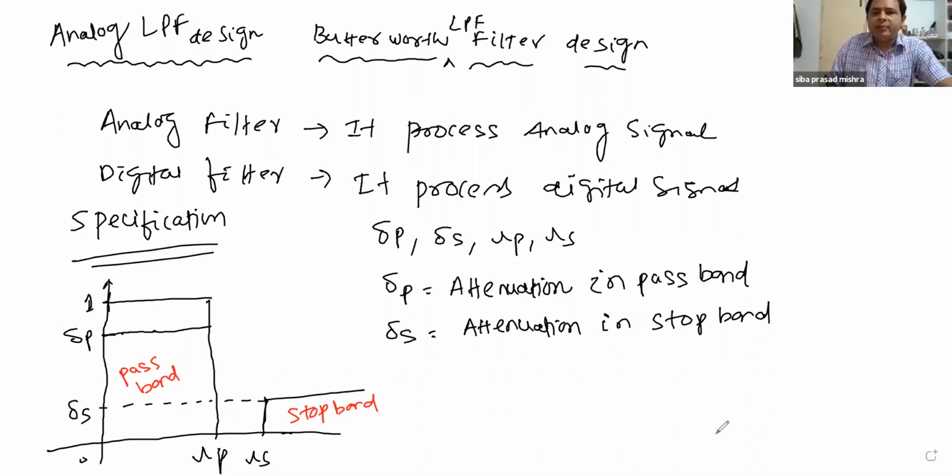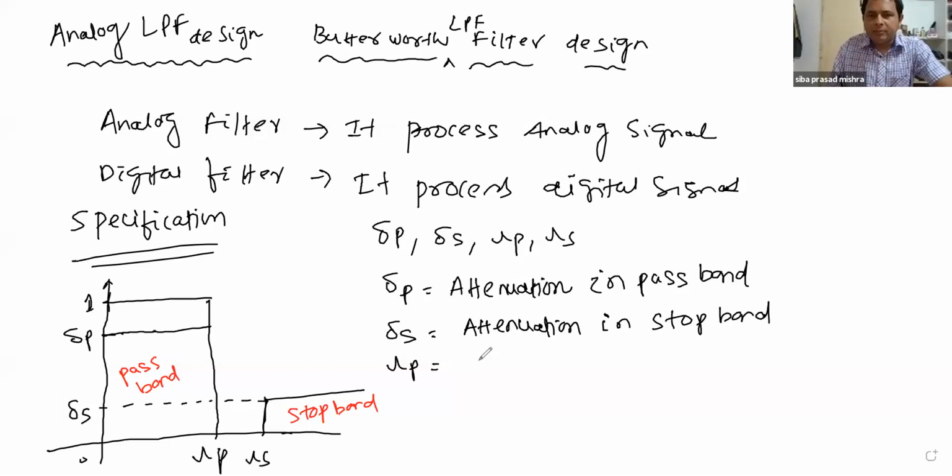And what is this omega p? See, this capital omega I am using. For analog we use capital omega, and for the digital part we will use small omega. This capital omega p is the angular frequency in passband, or frequency in radian per second in passband.